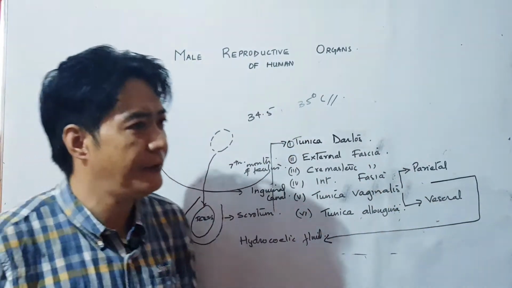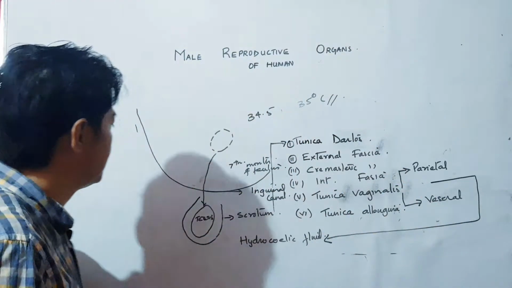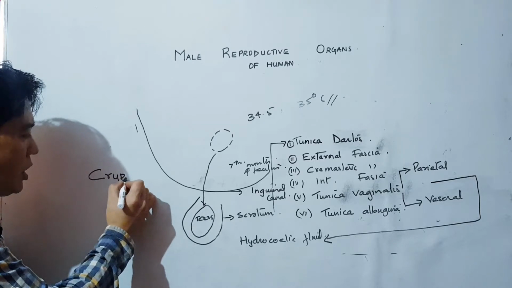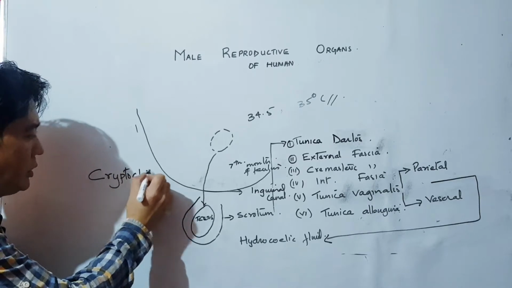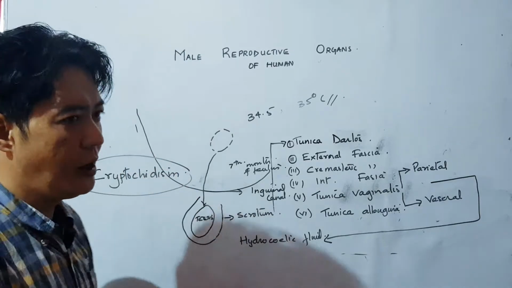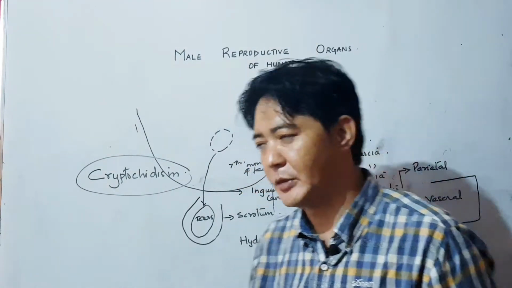This type of abnormality is known as cryptorchidism, C-R-Y-P-T-O, kidism. Failure of descending of testis is known as cryptorchidism.